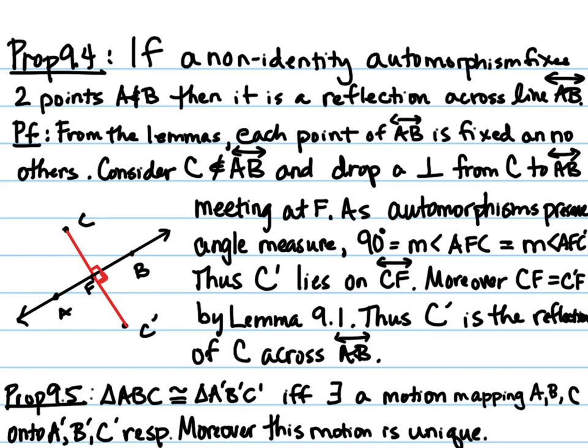So a corollary to this proposition is the following. Every motion is the product of, at most, three reflections.